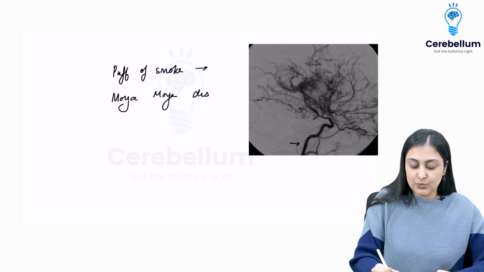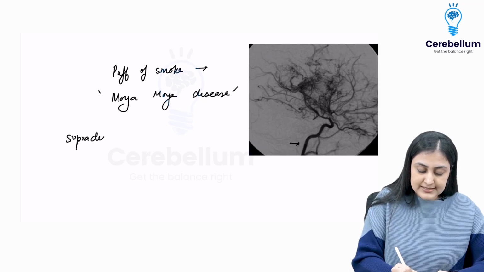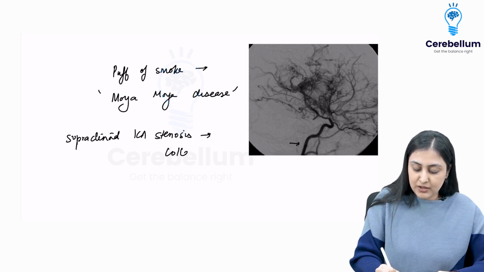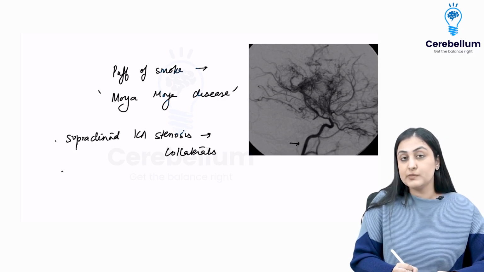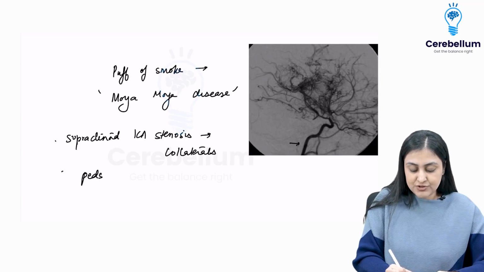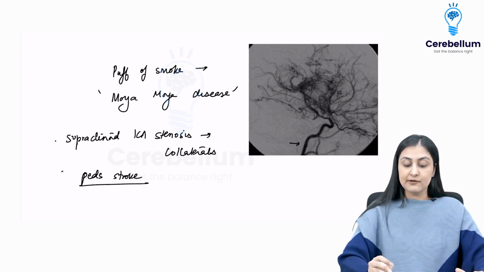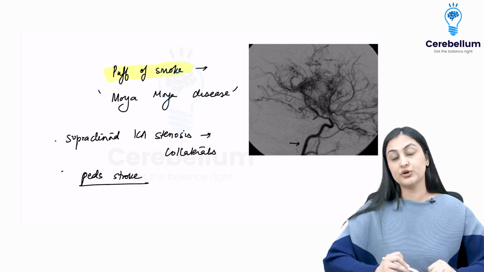So you have supraclinoid ICA stenosis, and that is why you have these various collaterals which come and fill in and supply the brain, and this is one of the most important causes of pediatric stroke. Okay, so when you have a stroke in a child, one of the considerations is Moyamoya disease. For exam purposes, you want to remember it shows you the puff of smoke appearance.